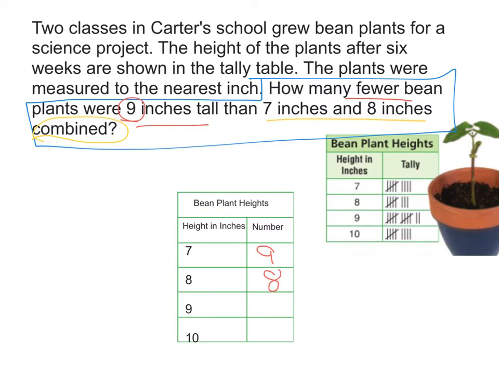For the height in inches that are 9, that would be 5, 10, 11, 12. And for the bean plants that were 10 inches, that would be 5, 6, 7, 8, 9.